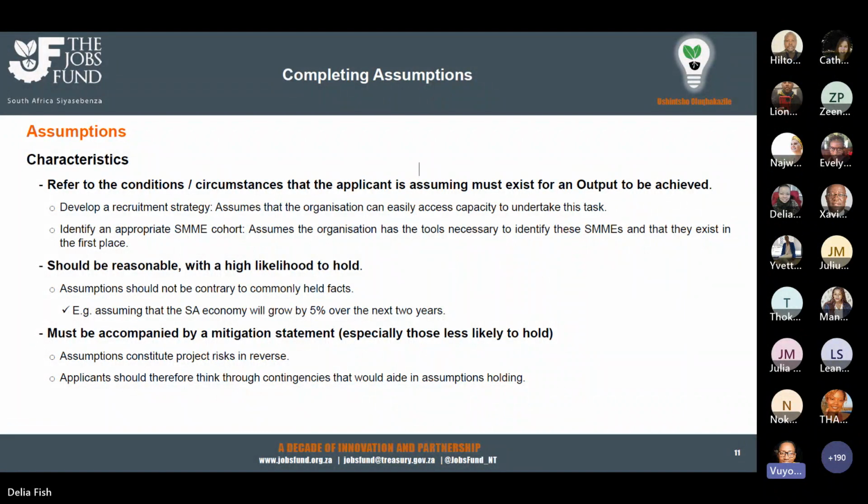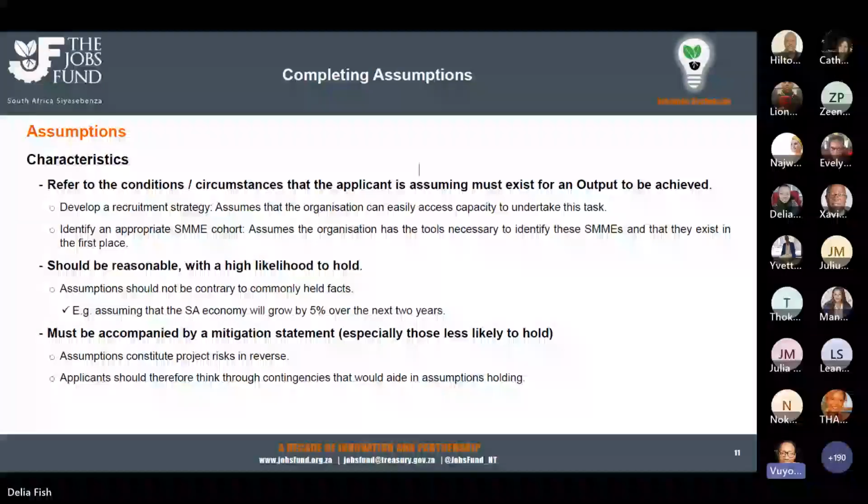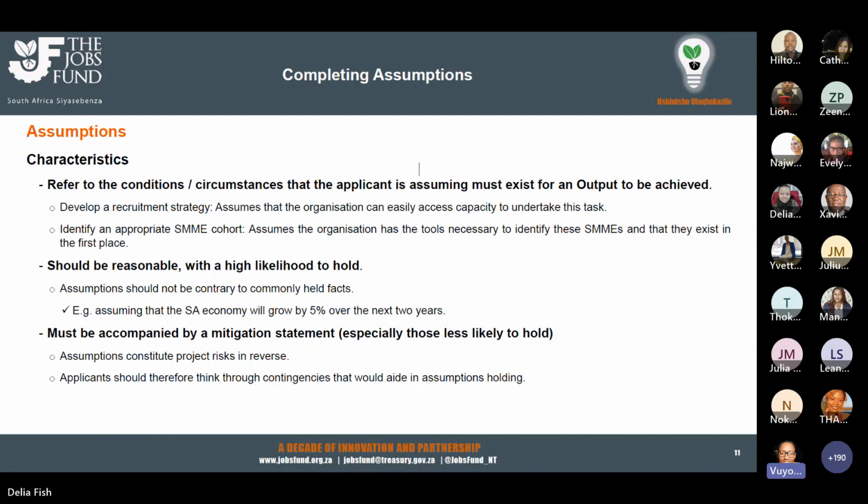So we encourage applicants to think through what mitigation measures you would undertake to support the realization of an output should that assumption not hold. It's important for assumptions to come with a mitigation statement: these are the contingencies we will put in place should a particular assumption not hold.